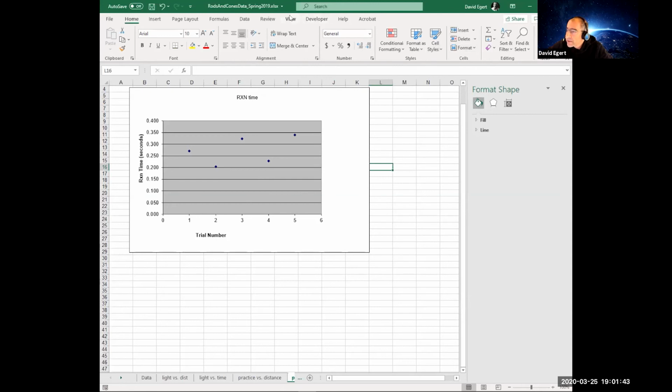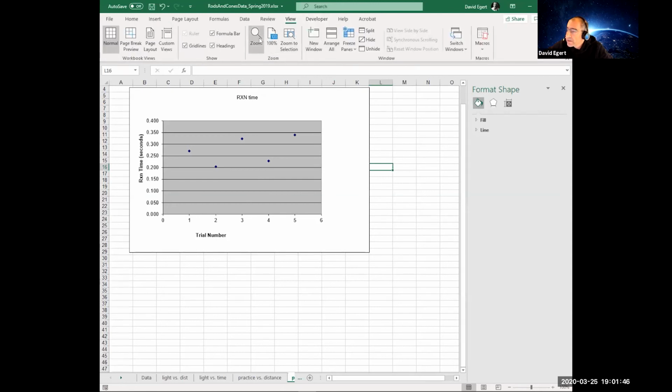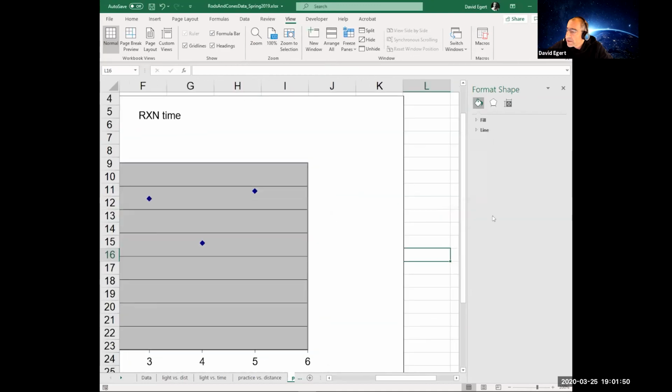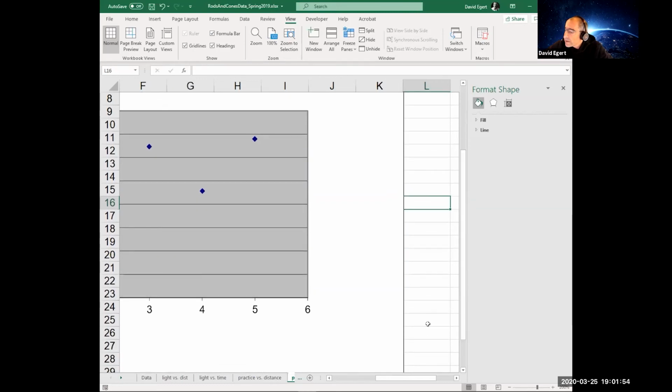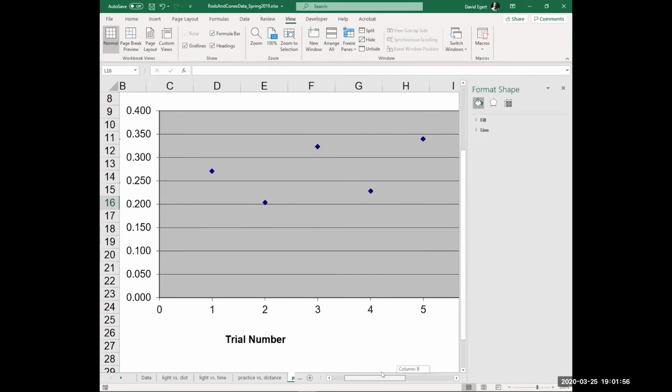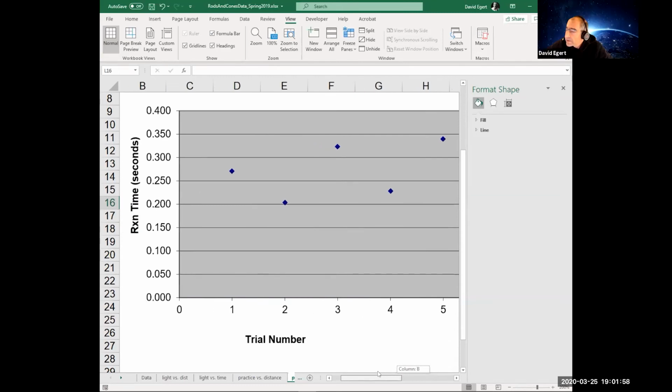All right, so let's view this now. So take a look at this. This is trial number 1, trial number 2, trial number 3, trial number 4, trial number 5, and the reaction time. And does there seem to be any correlation between the reaction time and which trial number it is?